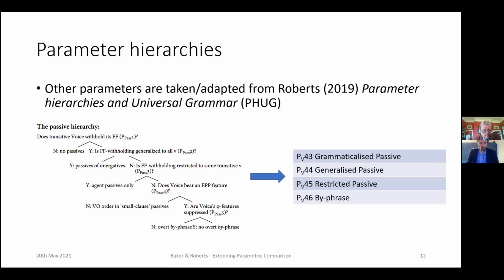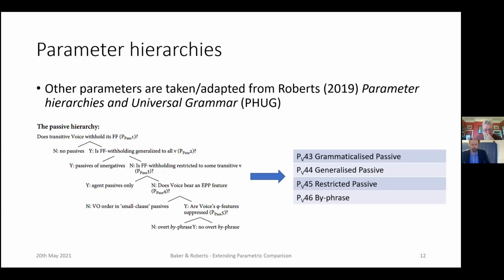So this hierarchy basically asks a number of questions, each of which corresponds to a particular parametric setting, and obviously these are arranged hierarchically in relation to each other. So the second parameter, the question for that is only asked if the answer to the first parameter is a yes, and so on and so forth.